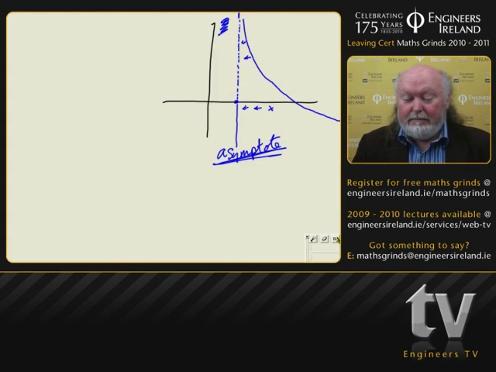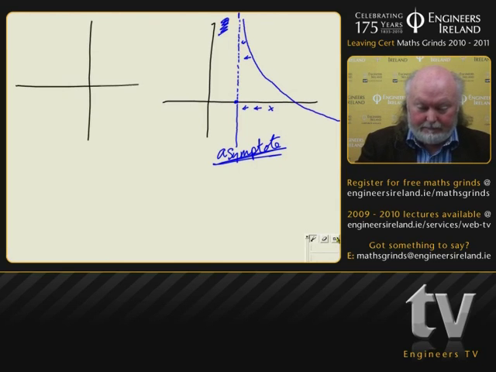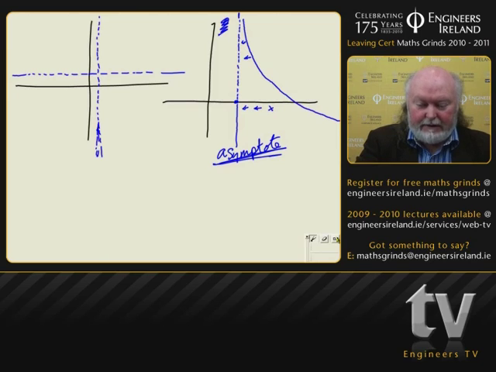That's a vertical one. Naturally, there is an equivalent horizontal one, and some functions can be drawn like this, where they have both a horizontal and a vertical one.